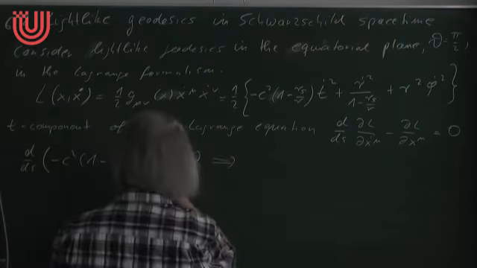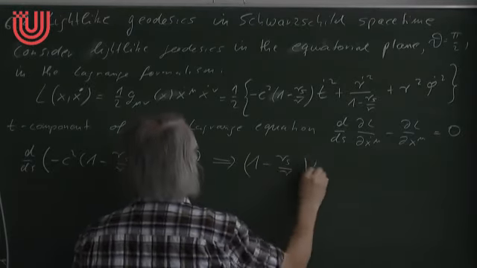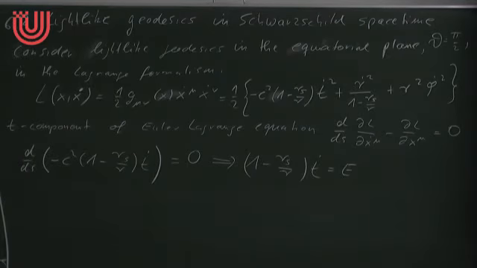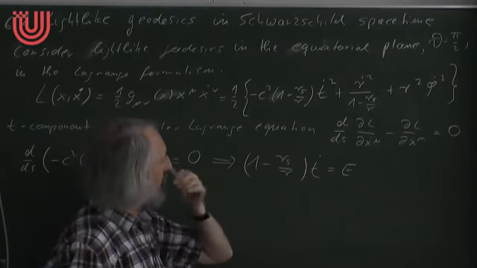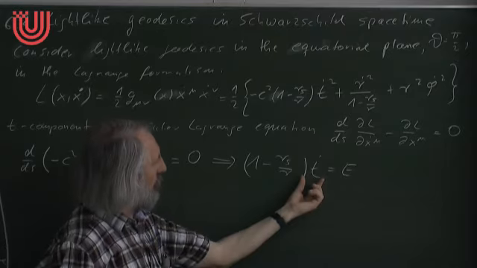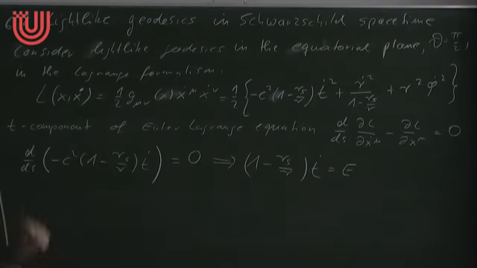And that's what one usually calls E, because it can be interpreted as a sort of energy. Well, actually, it is dimensionless, so it is the energy in units of the rest energy of the particle. The curve parameter should have the same dimension as t, and then this would be a dimensionless quantity.